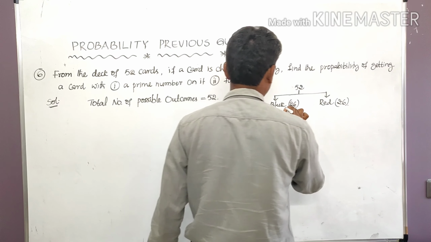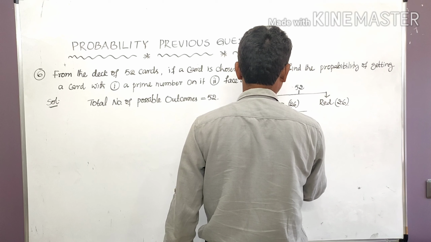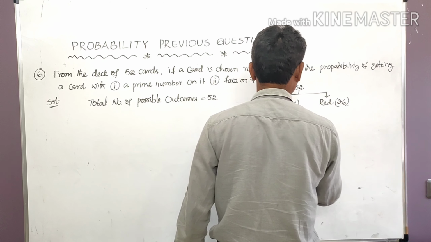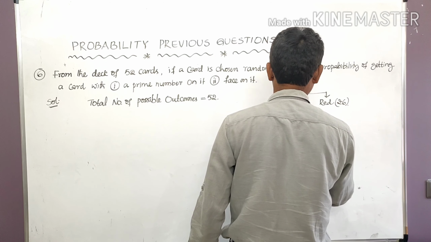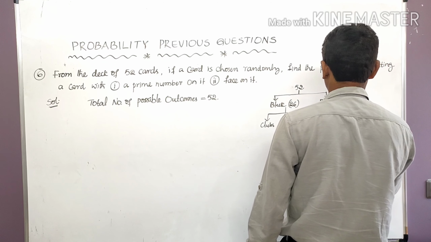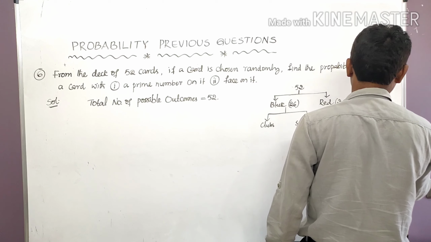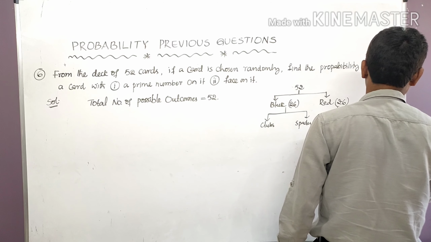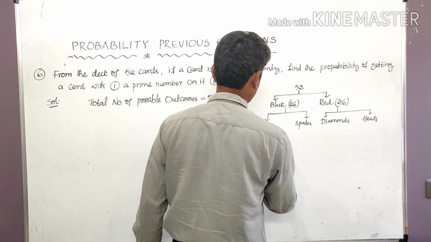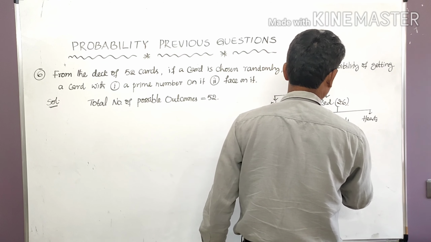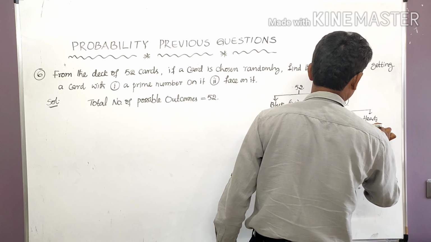Again, black cards have been divided into 2 groups, clubs and spades. Red cards have been divided into 2 groups, diamonds and hearts. Each group has 13 cards.